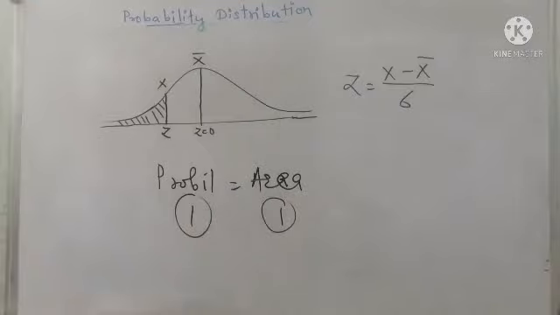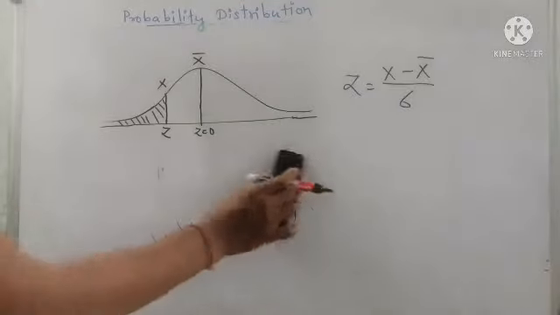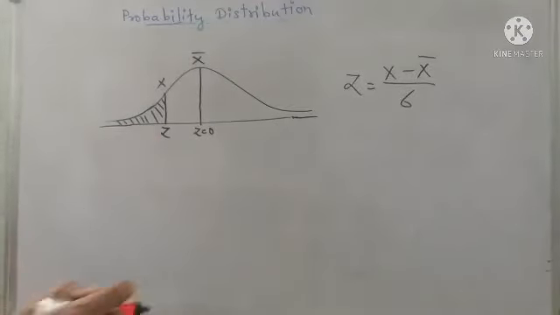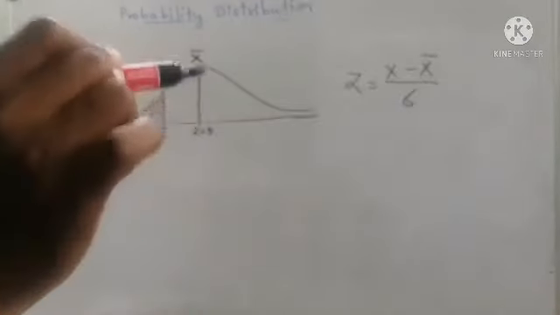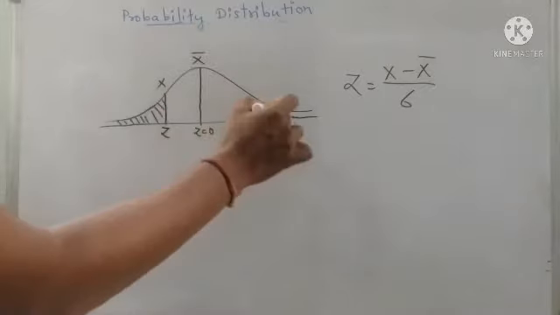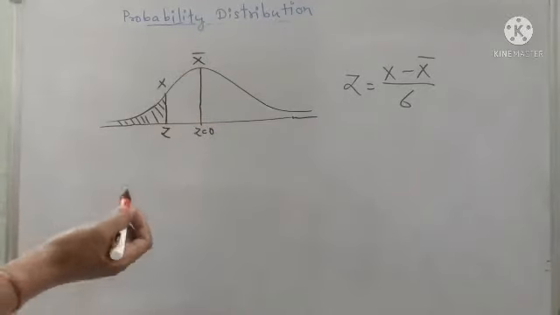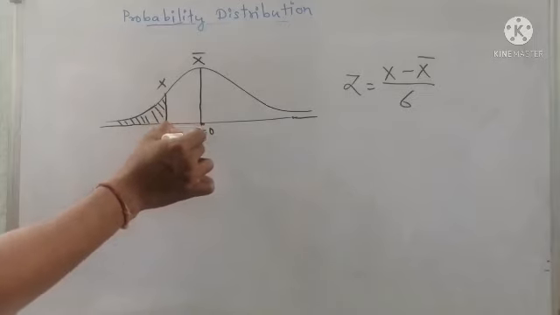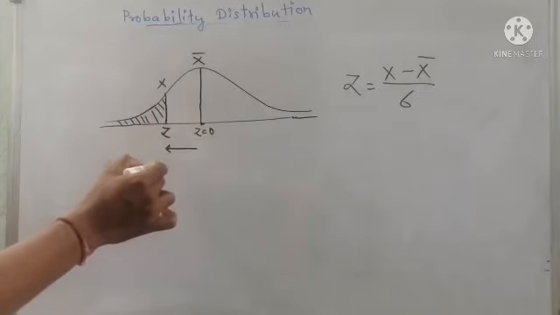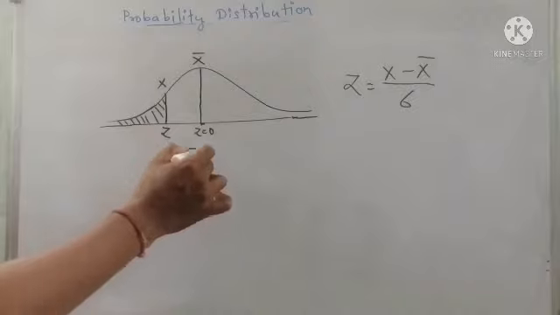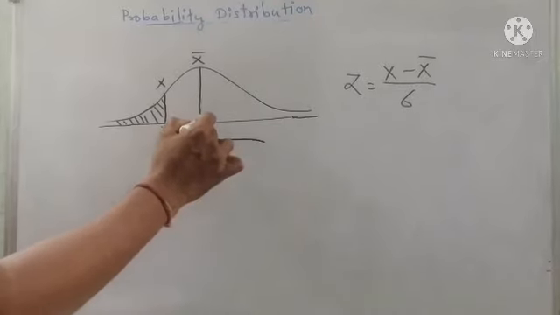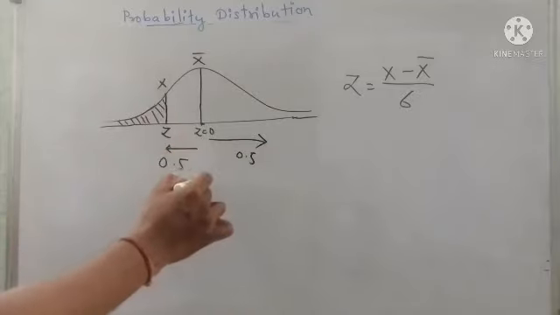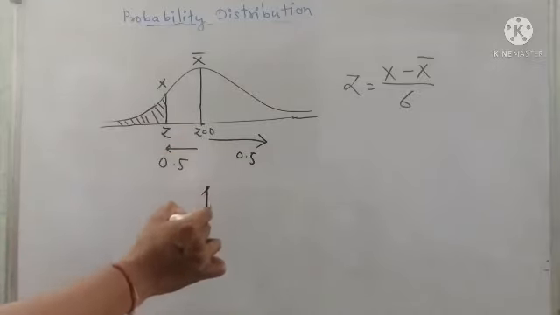Okay, so using this we can define the probability distribution here. As this is a symmetric curve, always remember the total area is 1. So on the left hand side of z equal to 0 the area is 0.5. Similarly on the right hand side from here the area is also 0.5, and the total area is always 1.